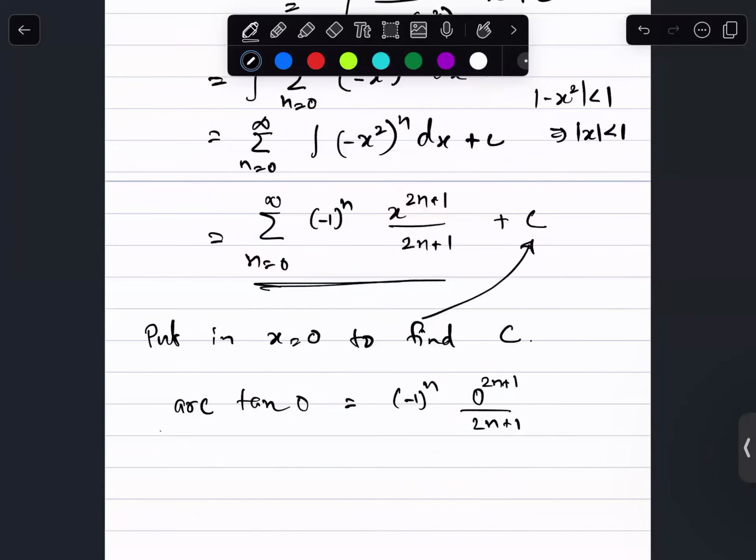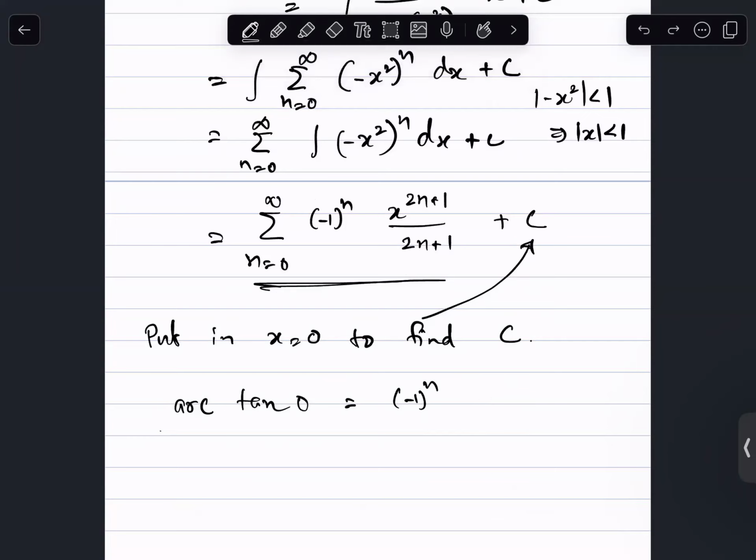Oh, okay, sorry, my bad. That's why I was confused. So this should be x to the 0 plus 1 over 0 plus 1, right? I'm replacing n with 0. For n equal to 0, I'll get this.